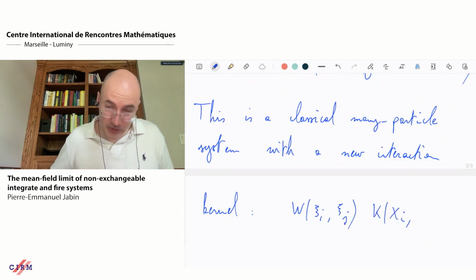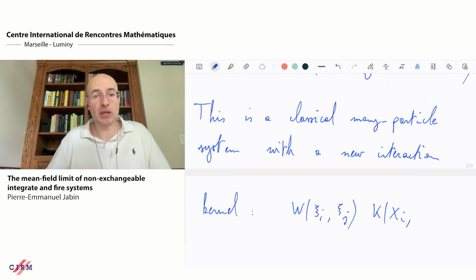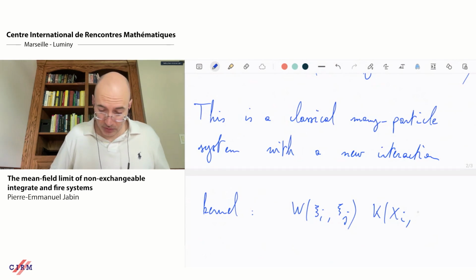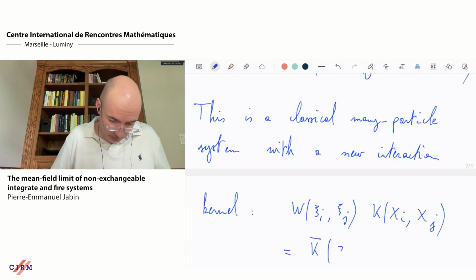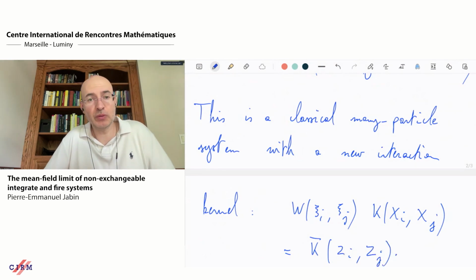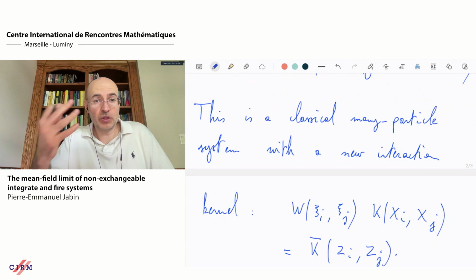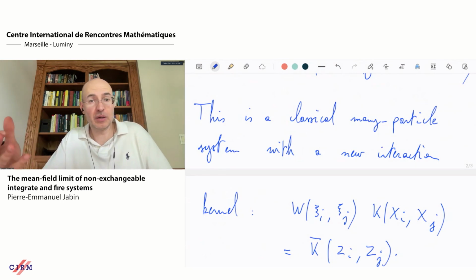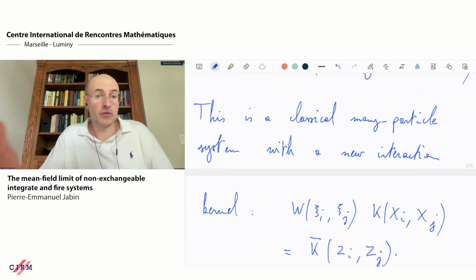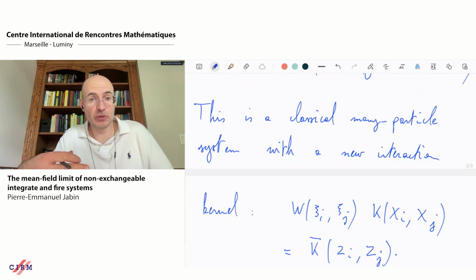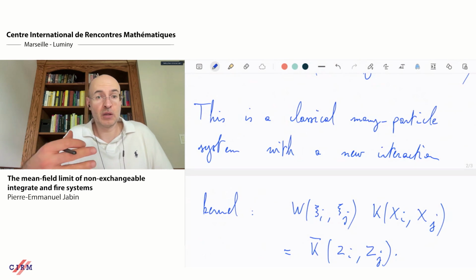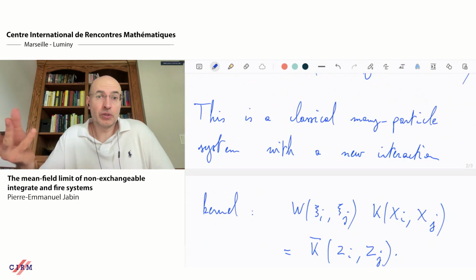Right? Instead of having k of x, xi, xj, now my new interaction kernel that I'm going to call k bar of zi, zj, right, has the following form. Very, very simple. And what you see here is this completely and very naturally extends the case of the weakly exchangeable system that we had discussed in section 2, right, relatively at length on Tuesday, where W of psi i, psi j is just xij.